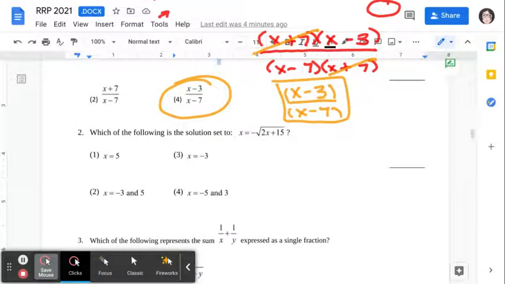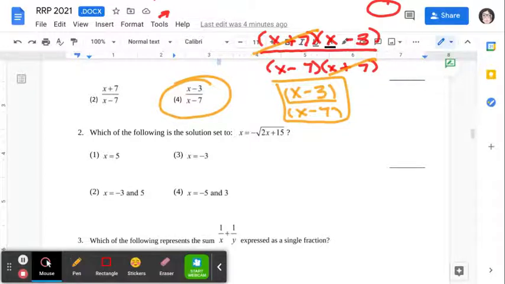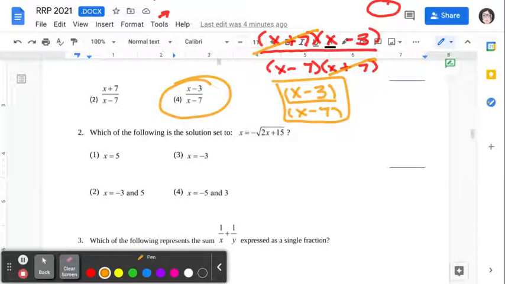Number 2, which of the following is the solution set to x equals negative radical 2x plus 15? So before we do anything, we need to be able to square this radical symbol. So I have to get rid of this negative sign.